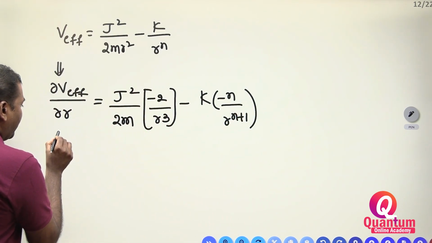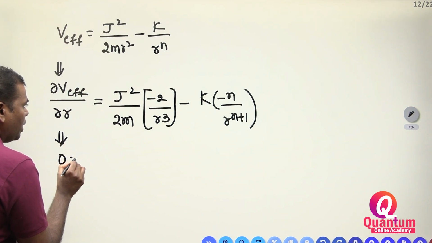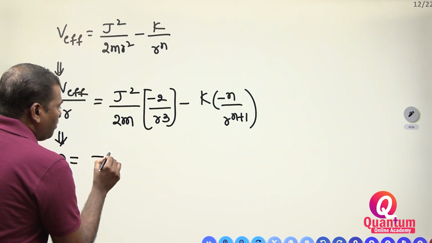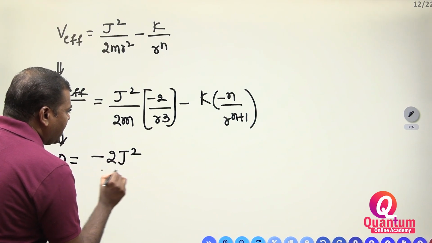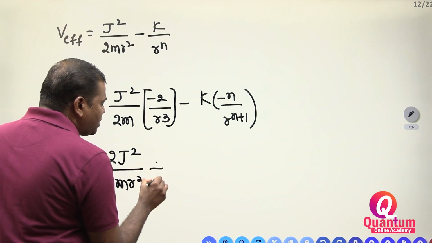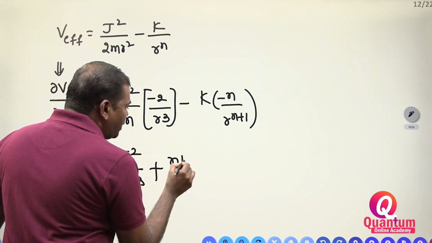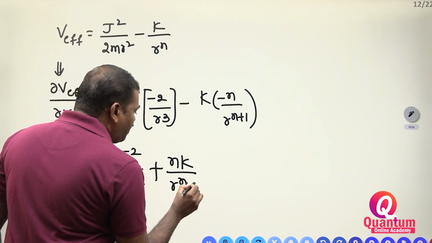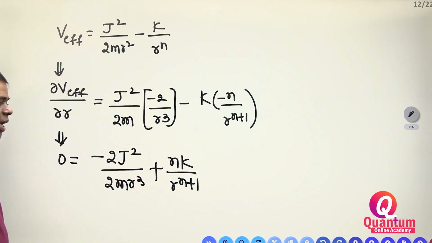This is equal to 0. So 0 is equal to minus 2J square divided by 2m r cube plus n K divided by r to the power of n plus 1.